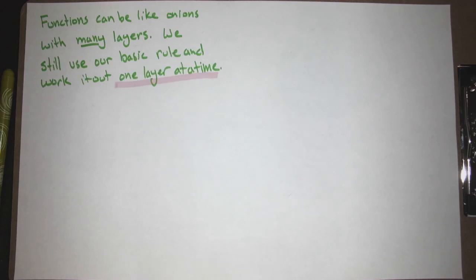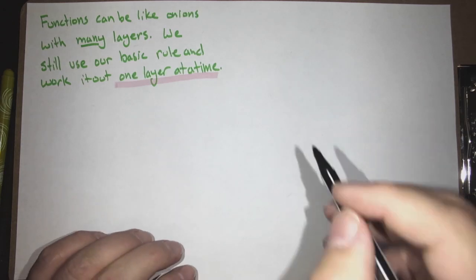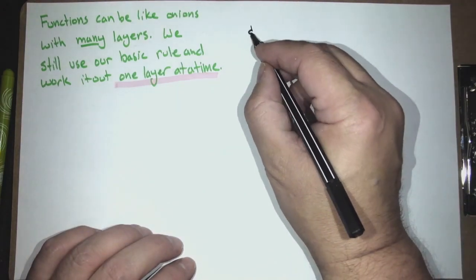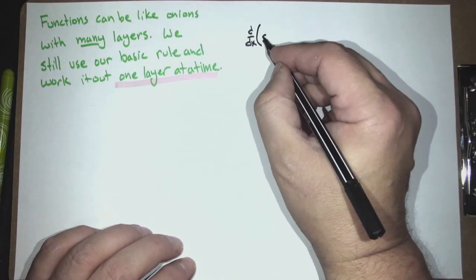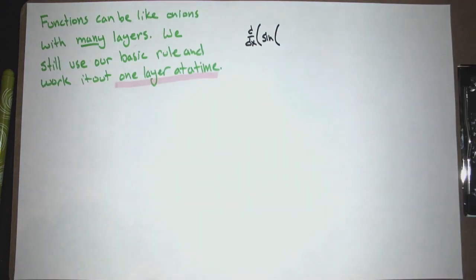All right, layer 1. What do you want the first layer to look like? A sine function. Okay, I heard sine. So we're going to find the derivative of sine of, what's our next layer going to have? Polynomial.